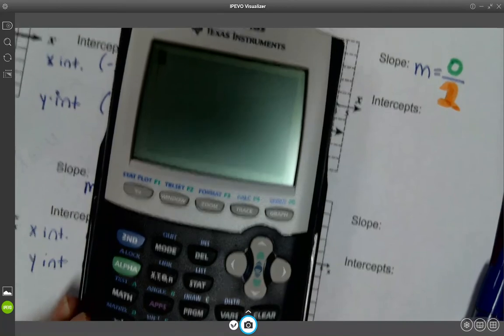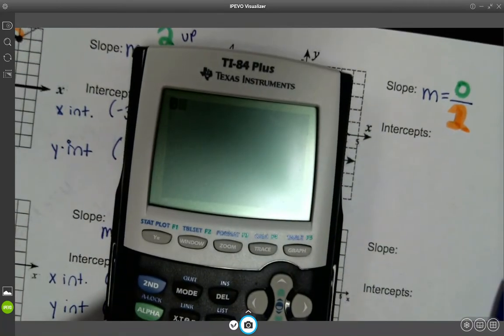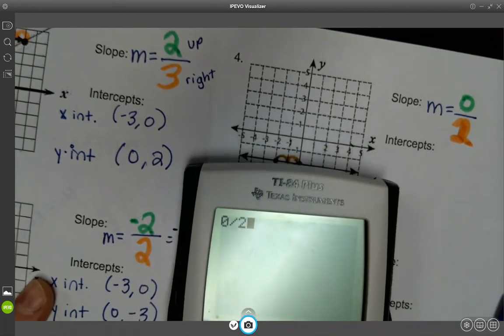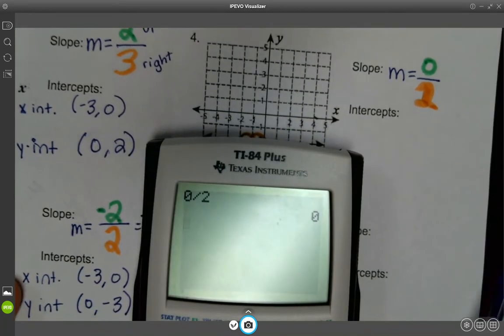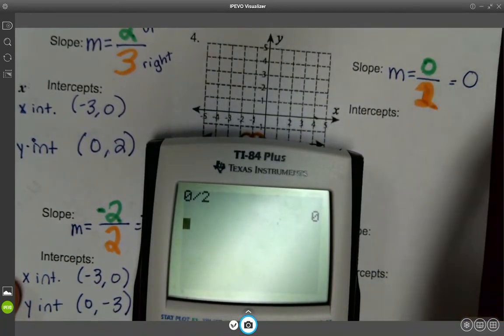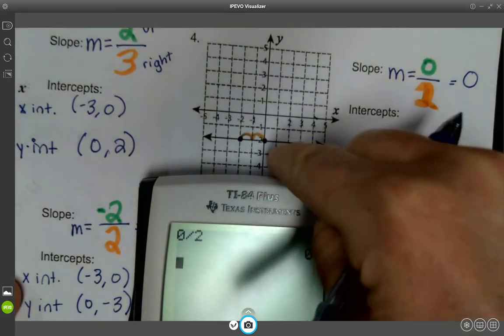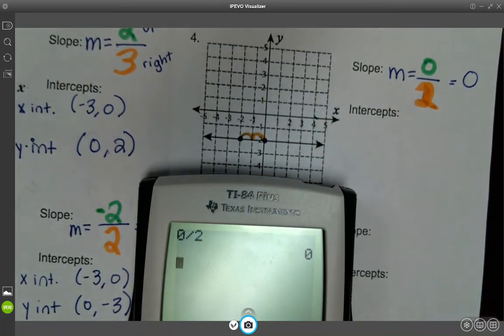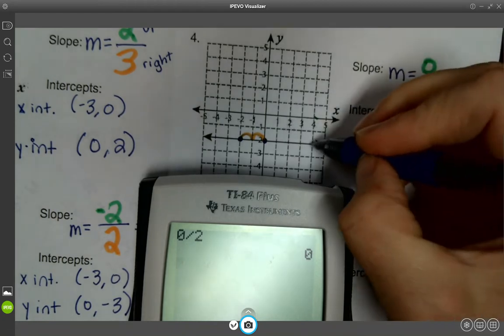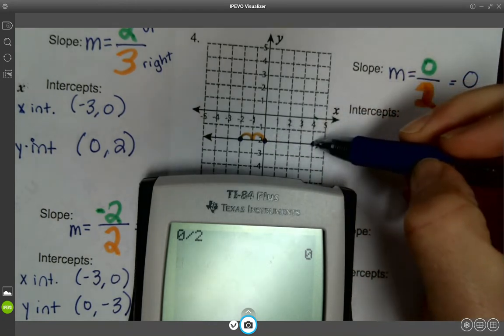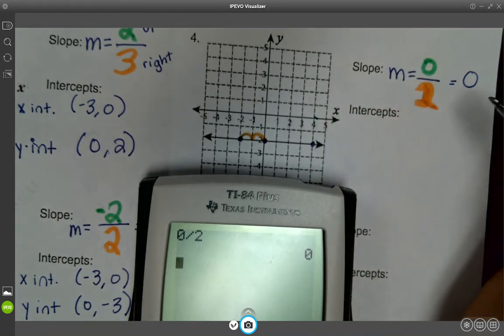I want you to see how it's going to look. 0 divided by 2 is 0. I found these 2 points. You can pick any 2 points. So we could have done this one and done 0 over 4, which anything with 0 on the top and a number on the bottom is 0.